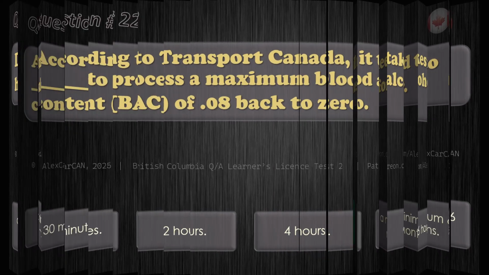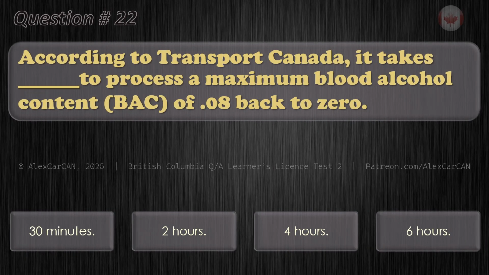Question number 22. According to Transport Canada, it takes to process a maximum blood alcohol content, BAC, of 0.8 back to 0: 30 minutes, 2 hours, 4 hours, 6 hours. The correct answer is 6 hours.